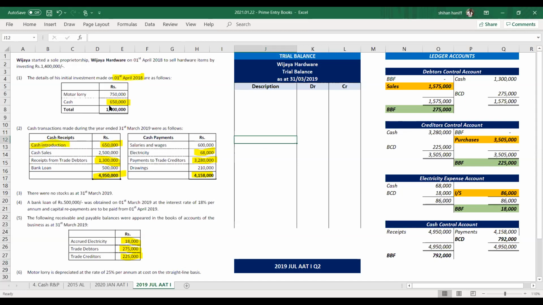So it is not a separate transaction. It is the same balance. There is no opening balance in this. Started 1st of April. Year end is 31st March. So there is no opening balance. All what they received is recorded in the cash receipts. 4,950 includes the investment of capital as well.